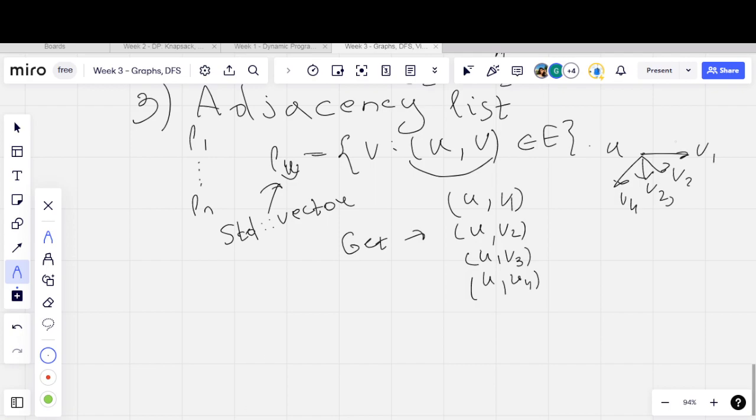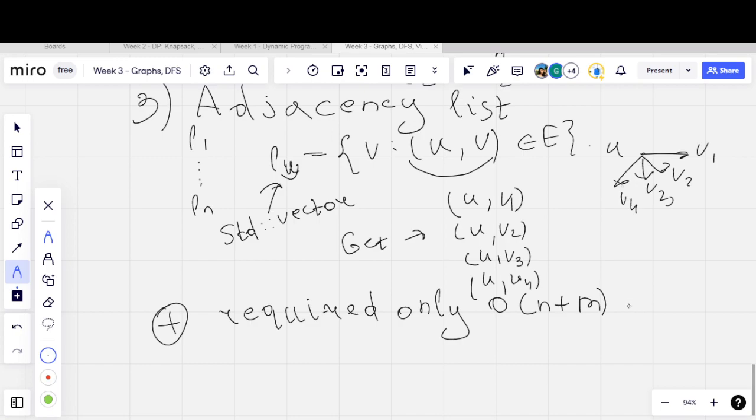So what's the process? It requires only O(n plus m) memory, because you have a graph with no edges.